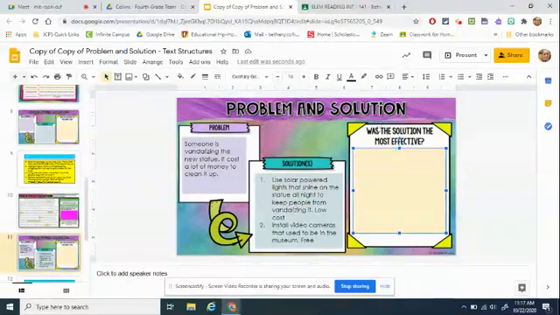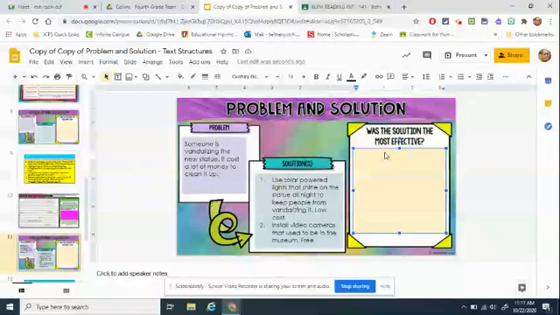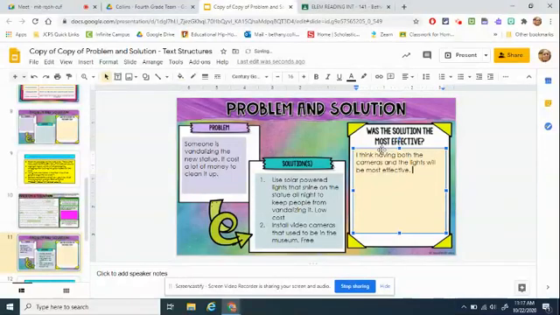What I'm going to put here is I think having both the cameras and the lights will be most effective. Okay, so having the cameras and the lights will be most effective.